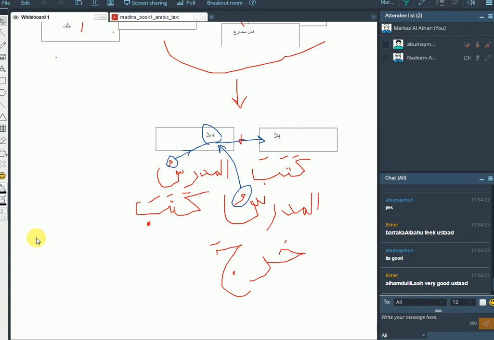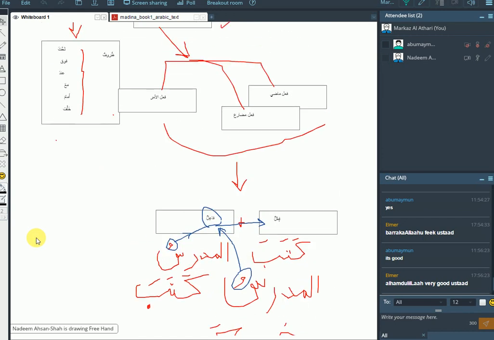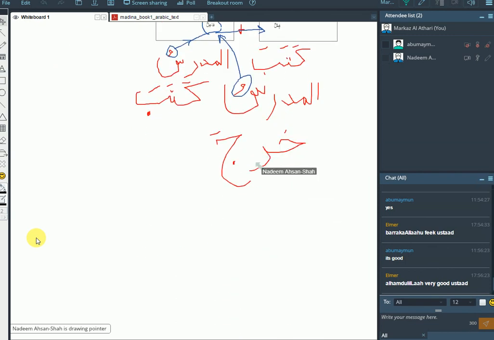And the answer is, what he's saying is correct. The fa'il is embedded inside kharaja, and it's being referred to as huwa.